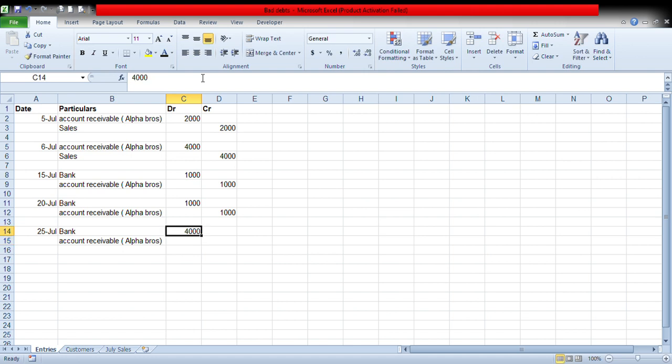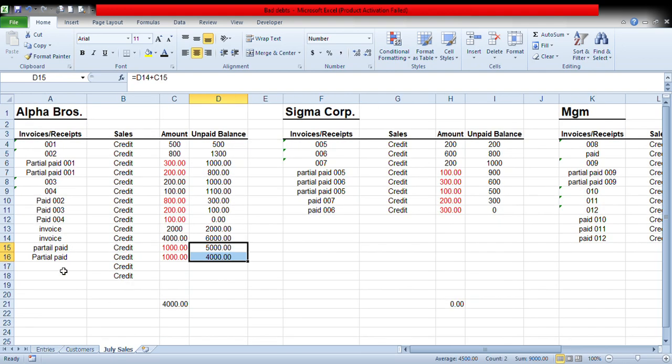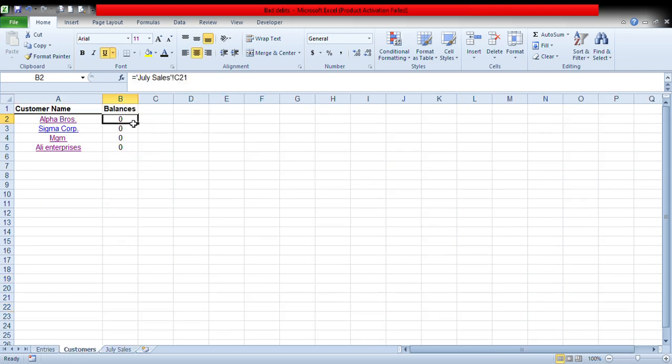Understand? Again I have to create it as paid. This time no need for partial paid. 4000 minus 4000. Again you drag it and automatically it becomes 0. Customer balance becomes 0. Why? Already paid everything.